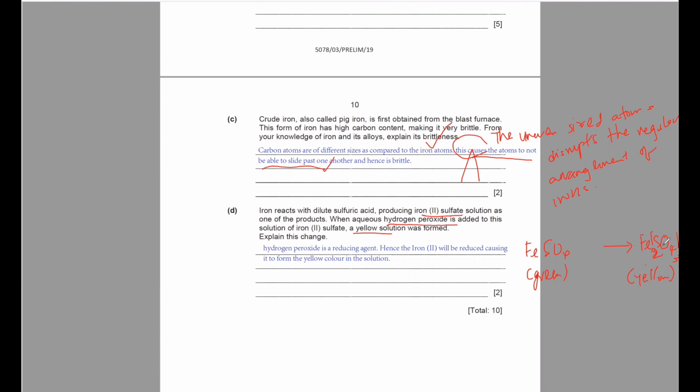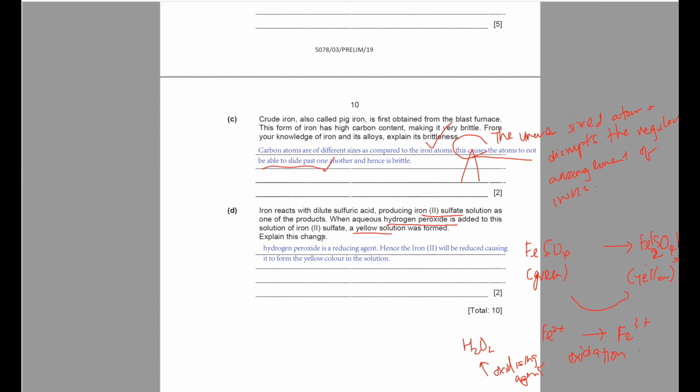So because of this, iron 2 has become iron 3. So oxidation has taken place. Because oxidation has taken place, we must conclude that the hydrogen peroxide is an oxidizing agent. That's what's happening.